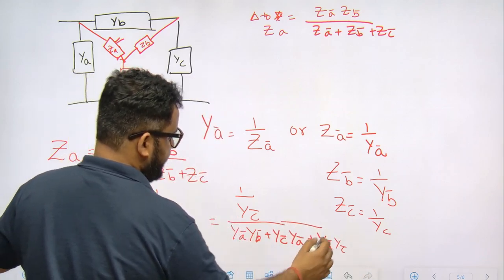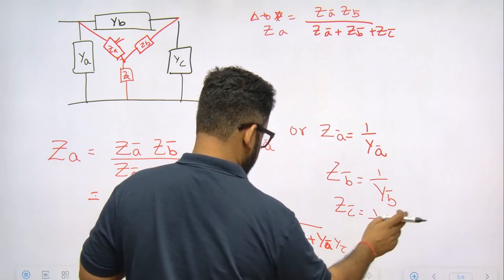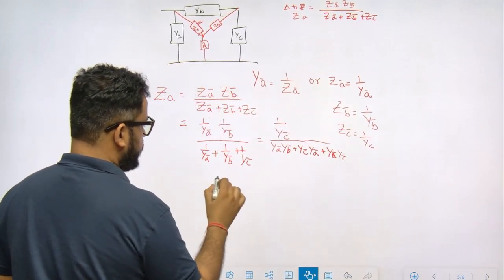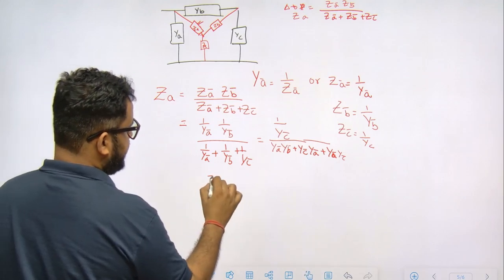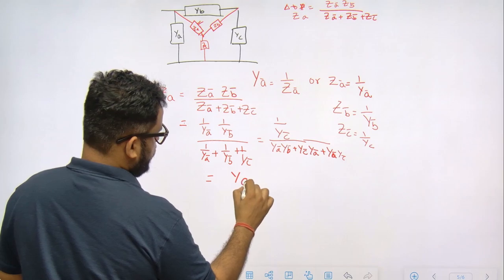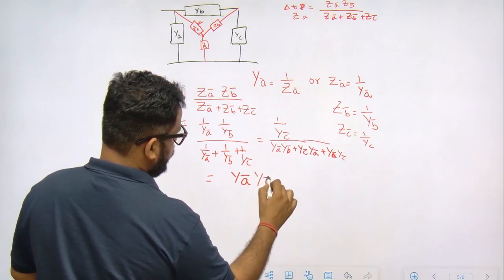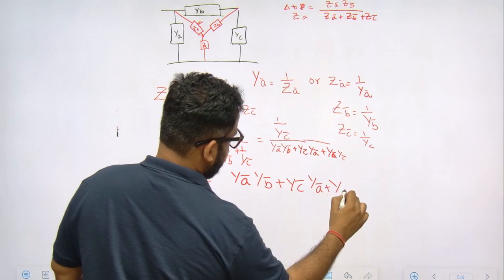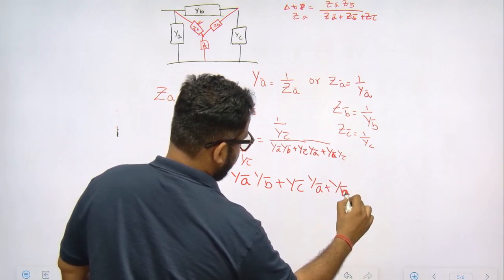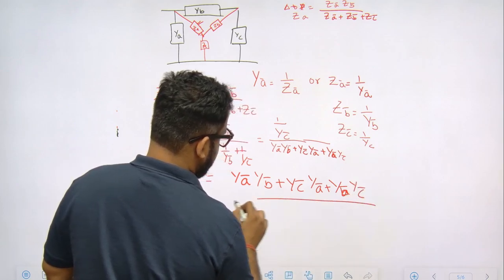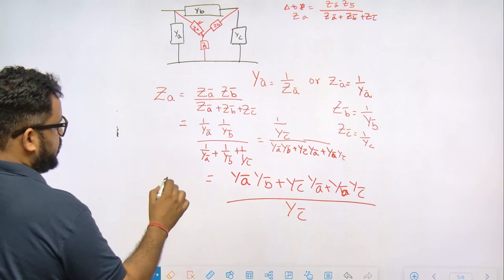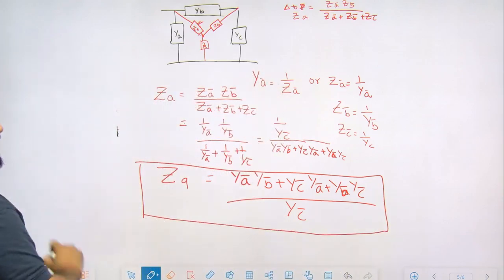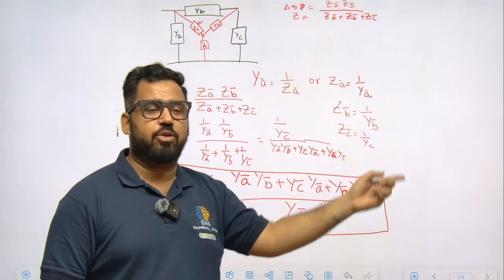So if I further solve it, I get YC dash divided by YA dash YB dash plus YB dash YC dash plus YC dash YA dash. So this is going to be my ZA. Is it clear, everyone? So remember to replace this parameter.